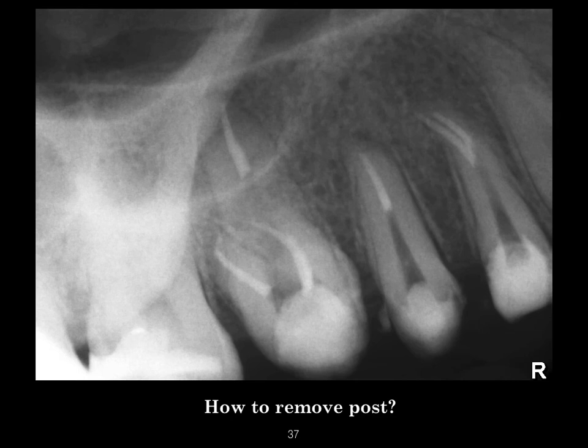What is important in removal of casted post and core is that you need to free it at the coronal level, completely free it. And then when you apply the vibration, it will just break the cement between the post and the root wall. You don't want to vibrate at the crown level because you don't know what kind of fulcrum will be created and it might cause fracture.